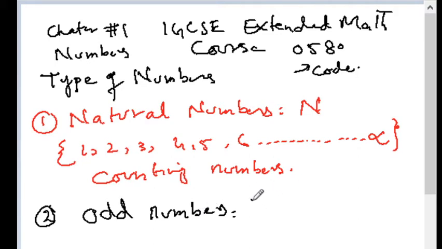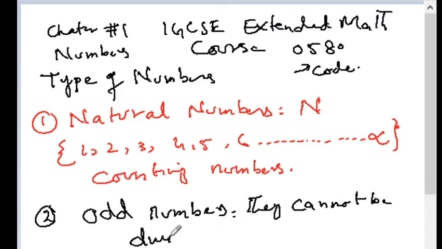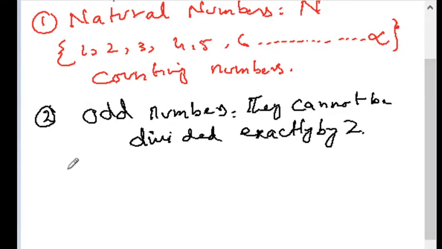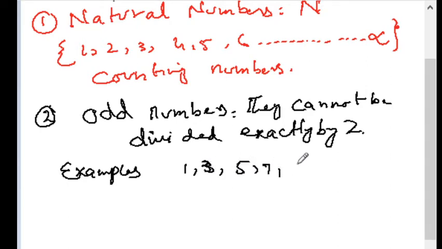Examples for these numbers are 1, 3, 5, 7, 9, 11, 13, 15.